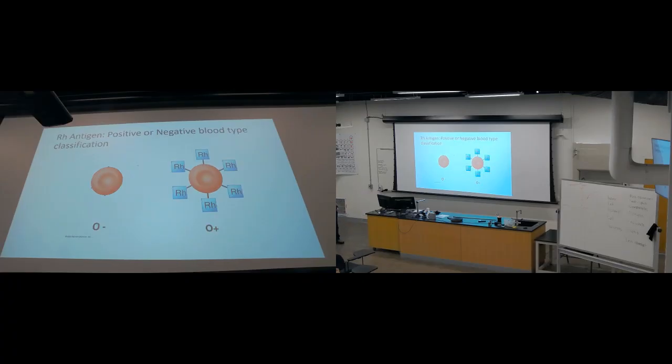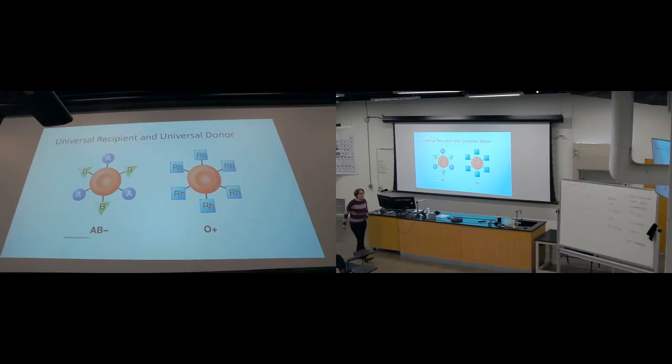So here we have the classification as positive or negative. In this case, we have O negative because you don't have this Rh or D antigen, and this is O positive. Now, among these 8 different groups of blood that we have, 2 can be subclassified based on the fact that they can either give blood to all types of blood or receive blood from every type of blood.